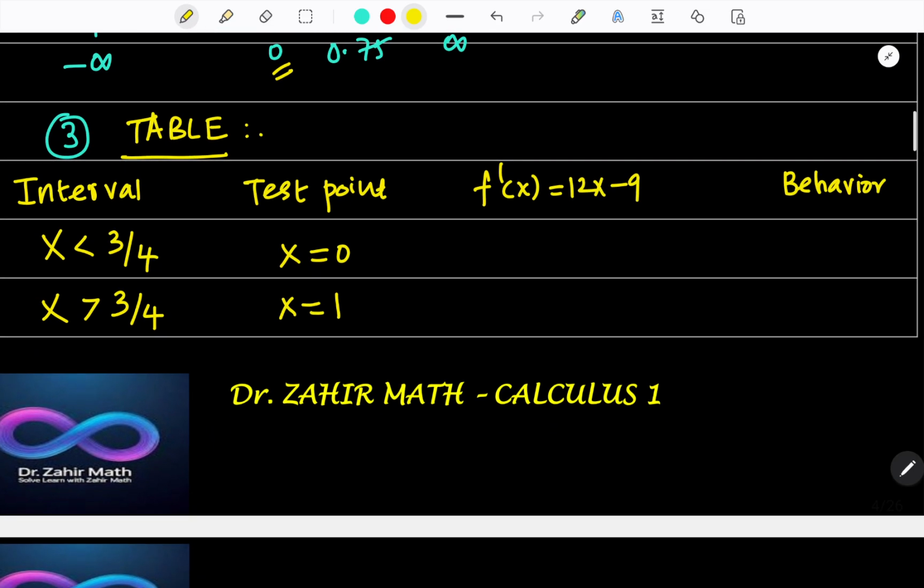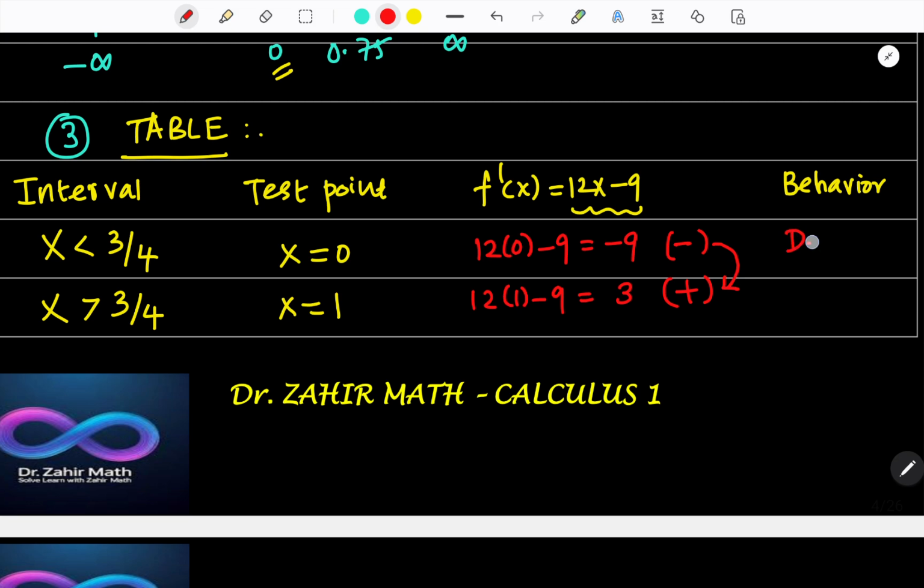So what I'm going to do? I'm going to put the 0 here and 1 here in this equation. So what happens? 12 times 0 minus 9 is going to become negative. And 12 times 1 minus 9 is 3. So this is negative and this is positive. So negative to positive.